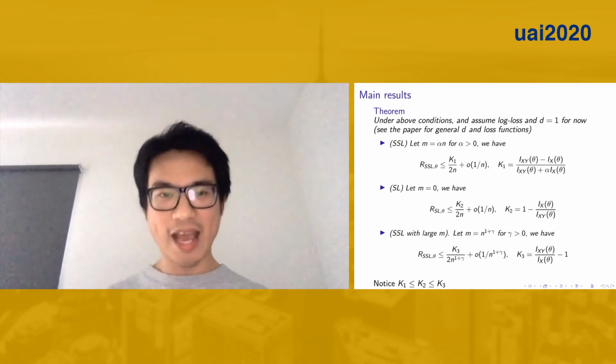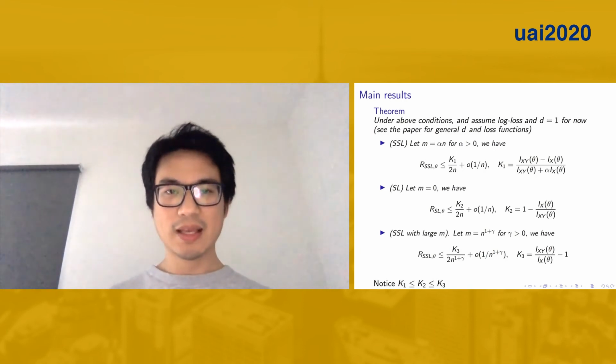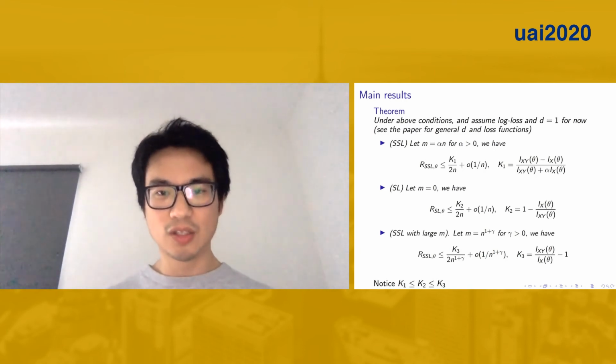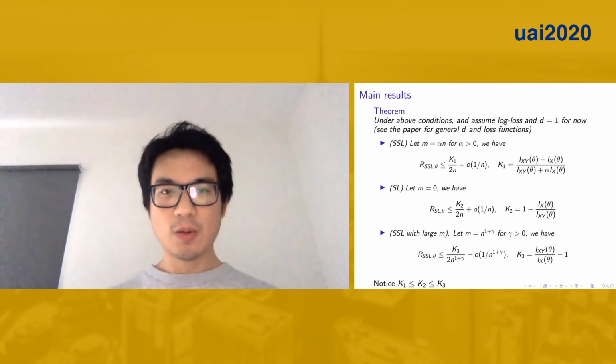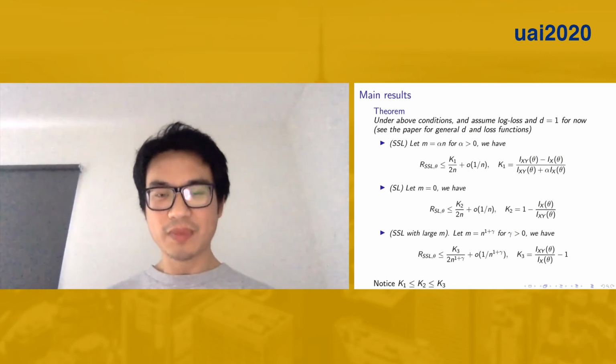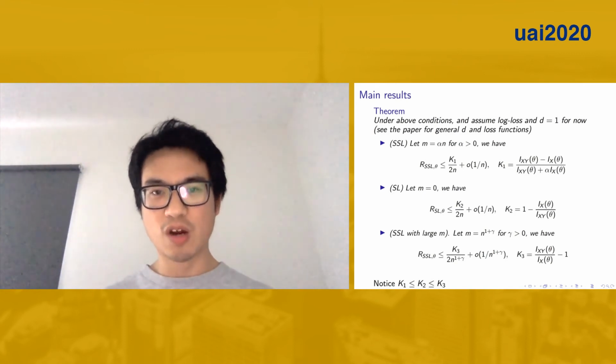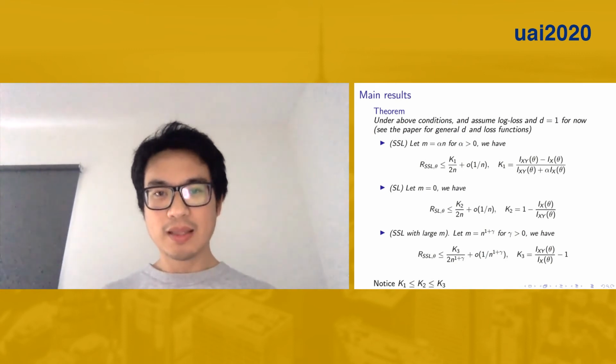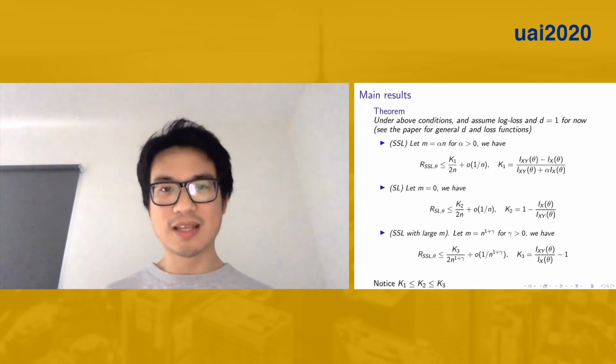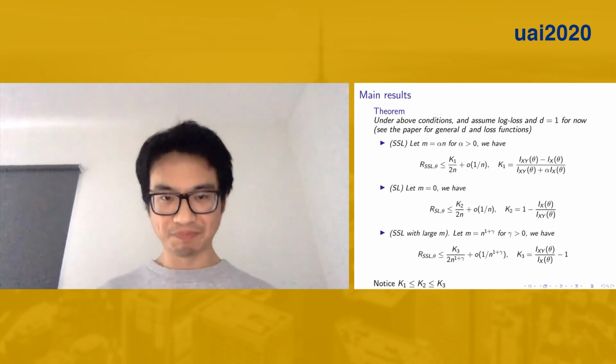And if we do not have unlabeled data, the excess risk is upper bounded by k2 divided by 2m, where k2 is larger than k1. In other words, in this case, the convergence rate is the same, it's 1 over m. The benefit of the unlabeled data is reflected in this constant. We have a smaller constant here.